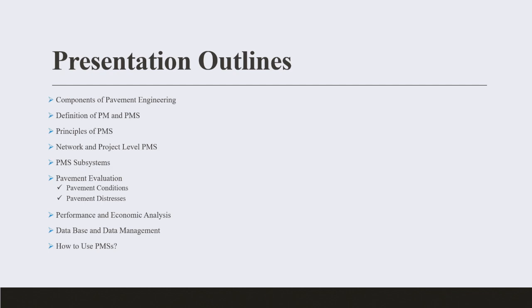Again, multiple project levels add up to form a network level. Then I'm going to touch on the economic repercussions, and my colleague, Dr. Patrick, tomorrow is going to present about life cycle cost, so he will elaborate more on this.